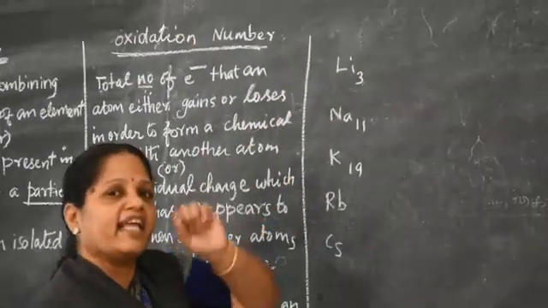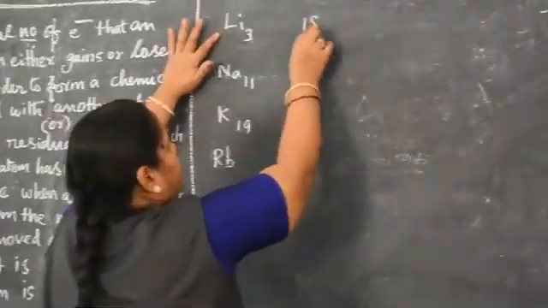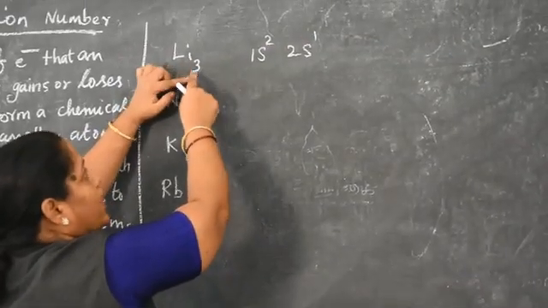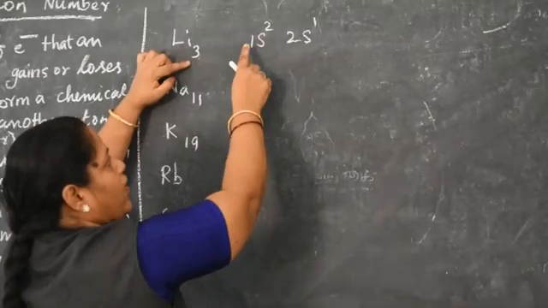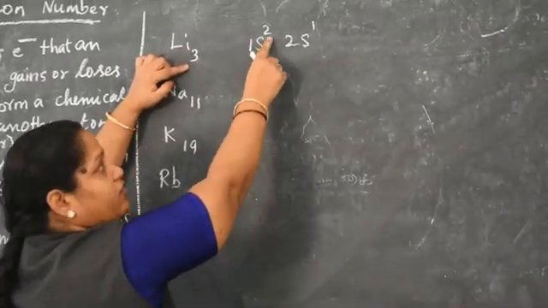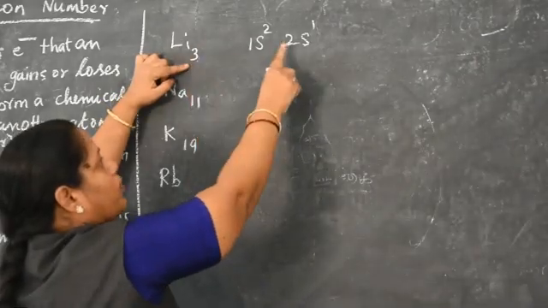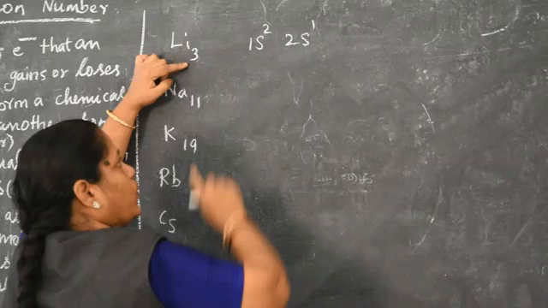So, how will you write the electronic configuration? For lithium, 1s2, 2s1. The number of electrons in the lithium atom is 3. In the first shell, 1s, there are 2 electrons, and the remaining one electron enters the second shell, that is 2s1.